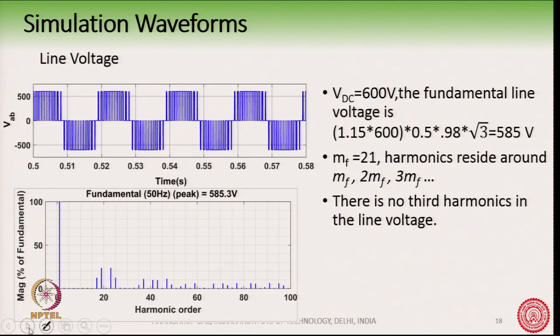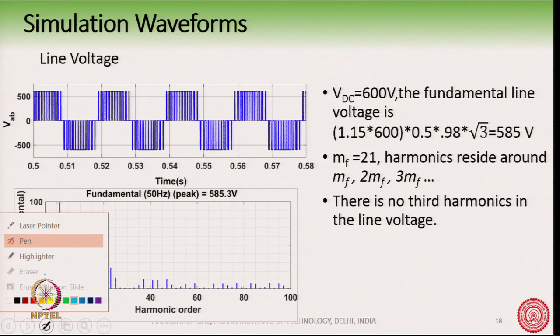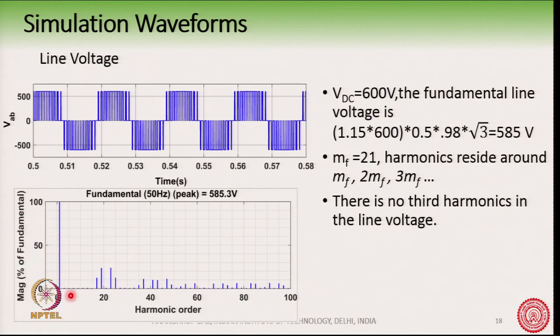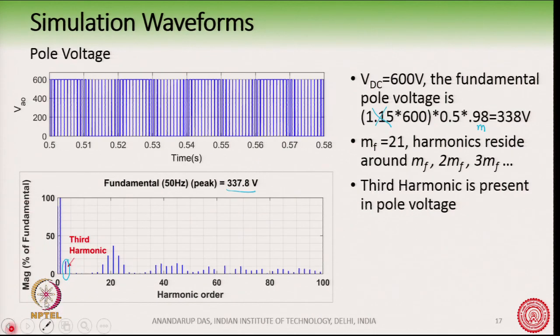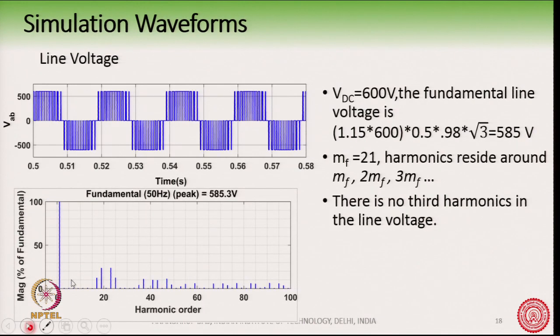But let us see in the line voltage. In the line voltage, which is again the waveform is shown here, we see there is no third harmonic here. The third harmonic which was earlier present has vanished in the line voltage, which is what we desire.